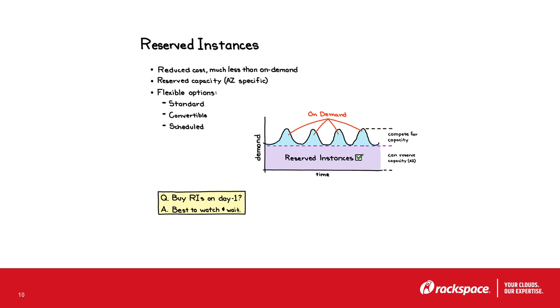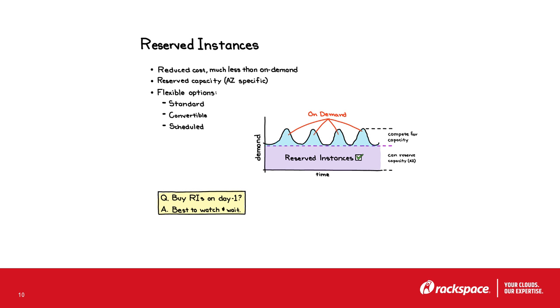And so you purchase reserved instances that are sufficient for that particular demand, and above and beyond that, you continue using on-demand instances. So you have reserved instances that are there to meet that constant demand, and then you use on-demand on top of that, just like you normally would.